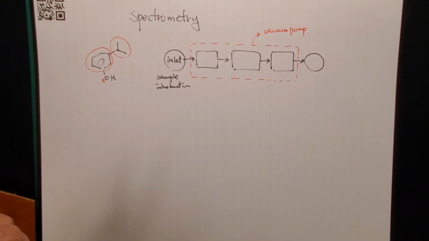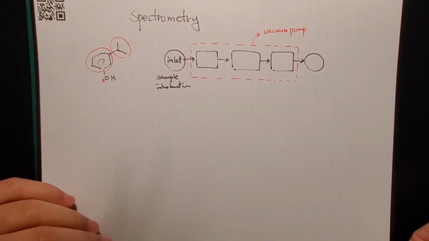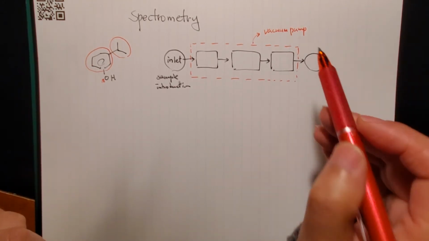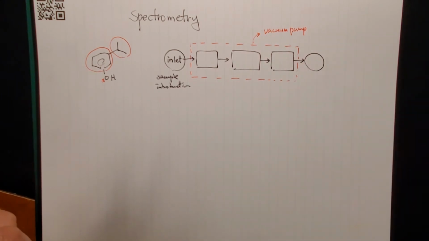Because mass spectrometry is mostly measuring the ionic form of the gas, the presence of other gas will act as noise for the measurement.